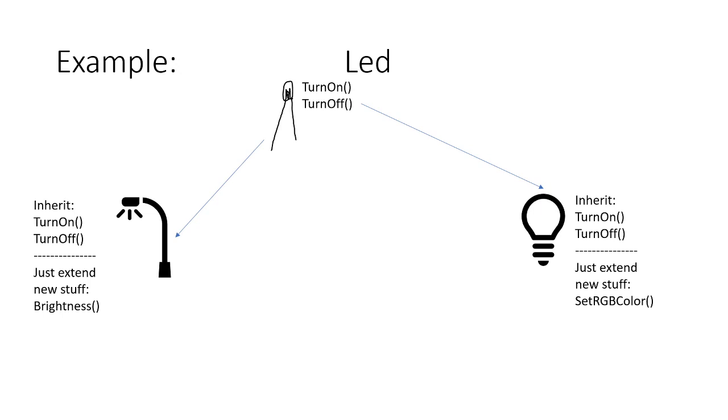Set RGB color. This is all there is to it. Now you can instantiate all these things by saying LED, give it a name like lamp, equals, and then new RGB LED. You will see this in the next slide, but just to mention it here.